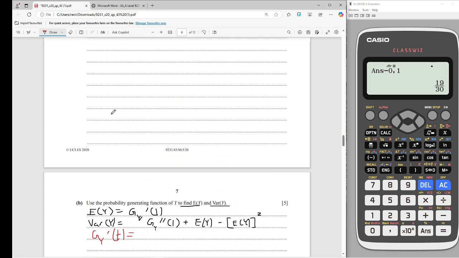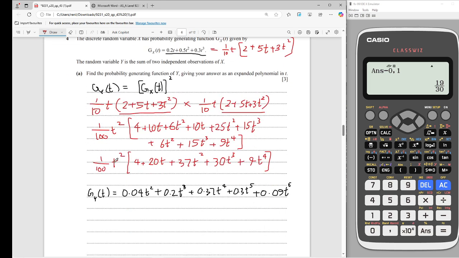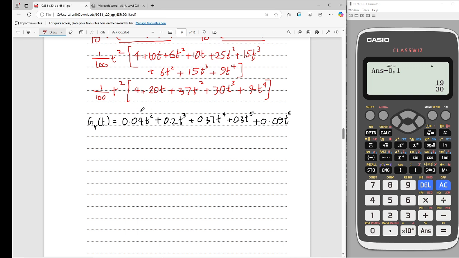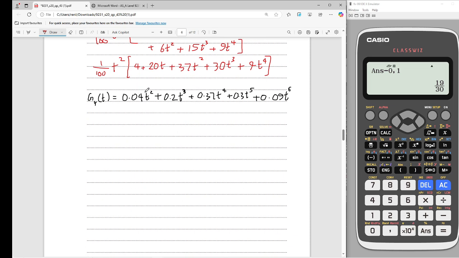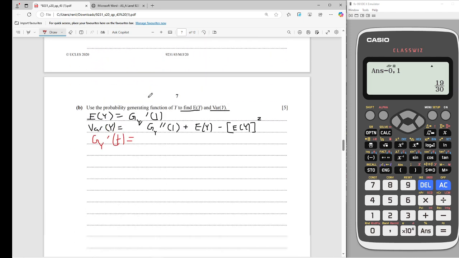That will be equal to, let's differentiate. So we have here our equation. So 0.04 times 2 is going to be 0.08t.